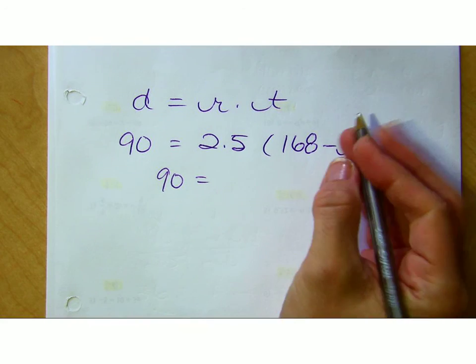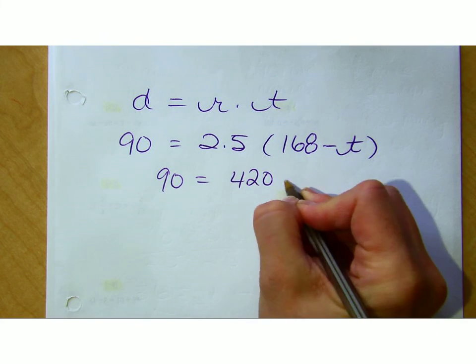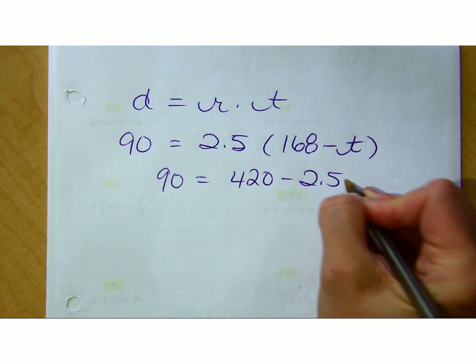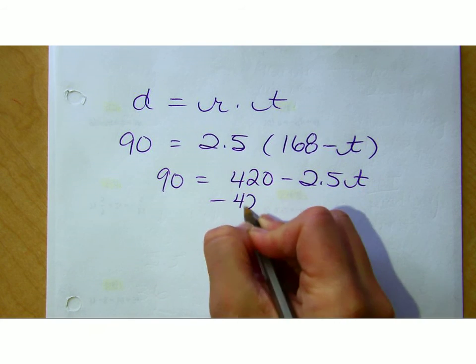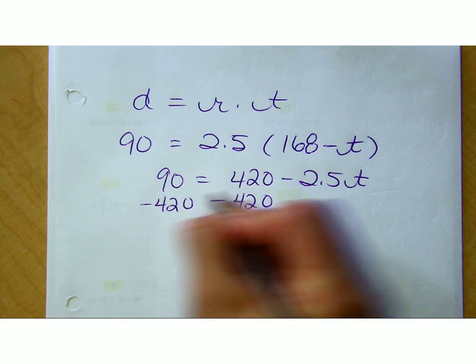2.5 times this is 420 minus 2.5T. You guys should be pretty comfortable with this step. I'm kind of cruising through this.